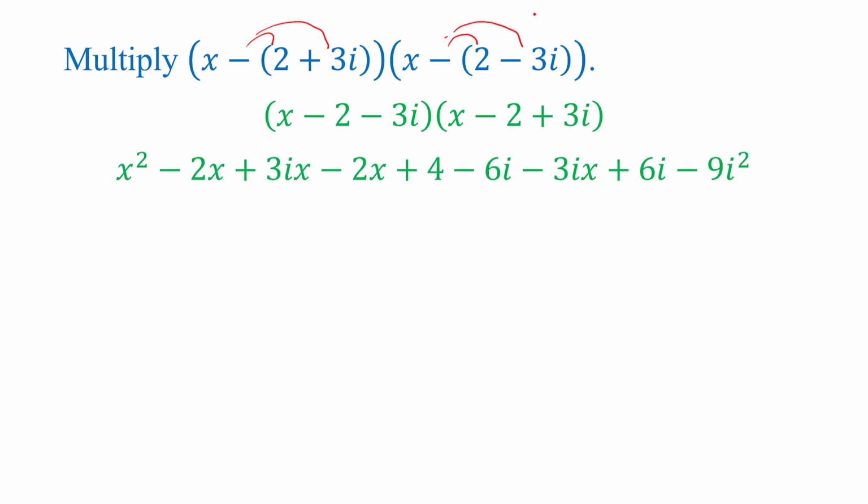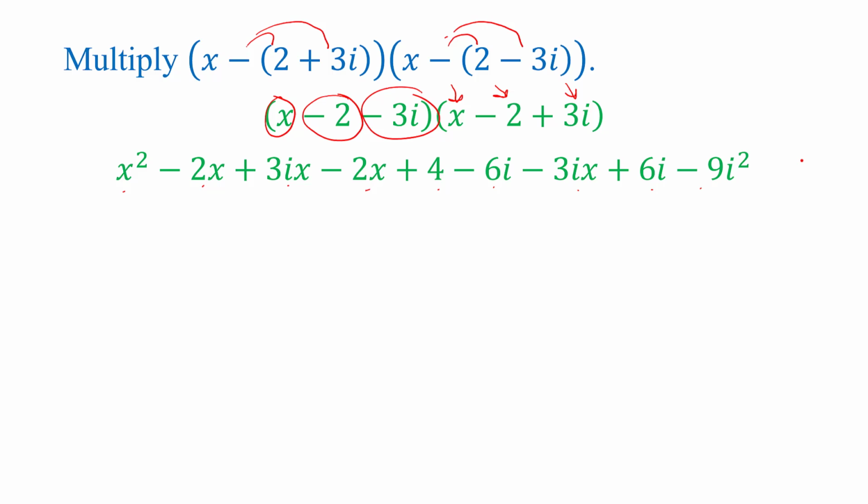And then we'll take our x here, distribute our x through to x, to negative 2, to 3i. We have x squared minus 2x plus 3ix. We move on to distributing negative 2 through to give us minus 2x plus 4 minus 6i, and then distribute through with negative 3i, where we would have minus 3ix plus 6i minus 9i squared.